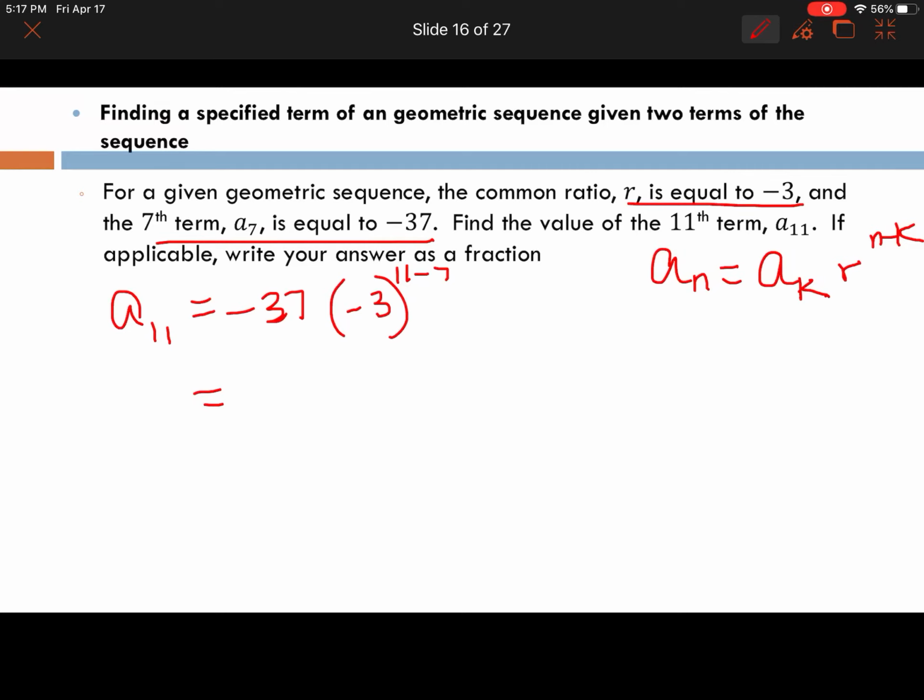All right, so we've got negative 37 times negative 3 to the 4th power. So it's an even power, so that's going to turn out to be a positive number. 3 to the 4th is 81, so we're going to do negative 37 times 81.